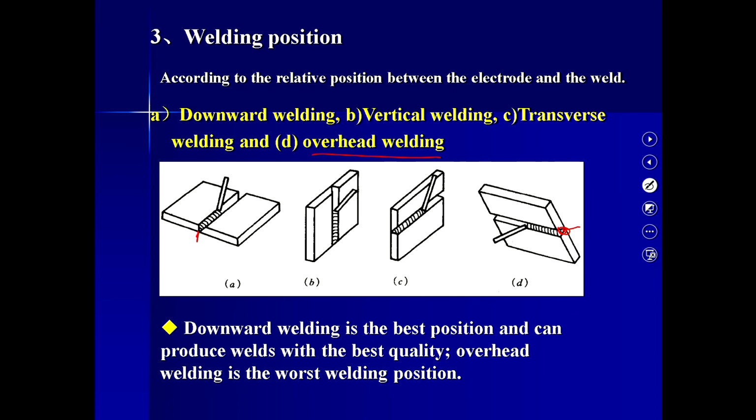What you're using to connect doesn't have to be the same. You can use the welding or use both. You still want to focus on the strength, which one is bigger.